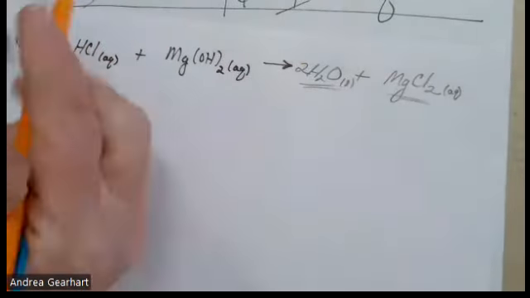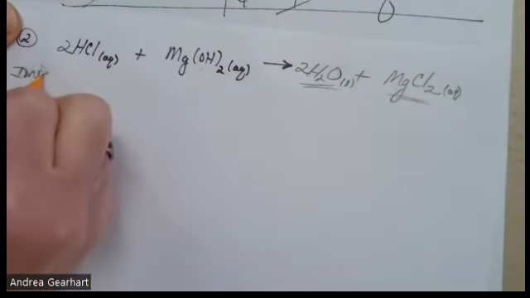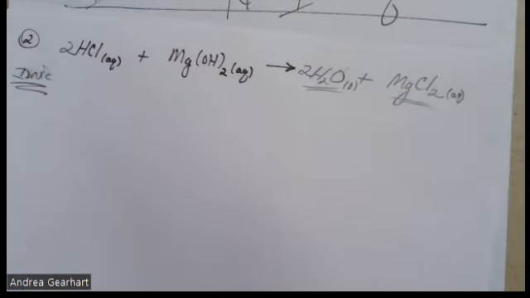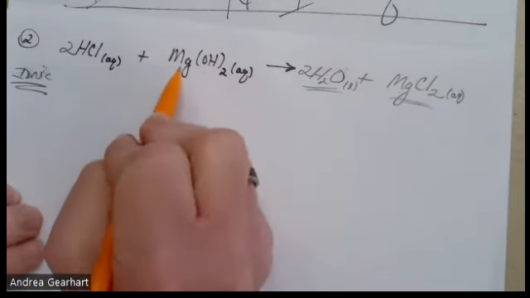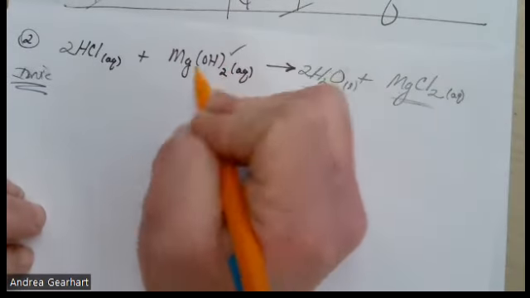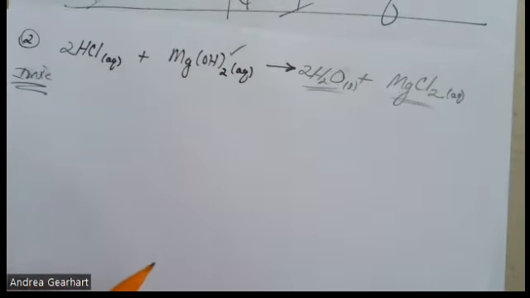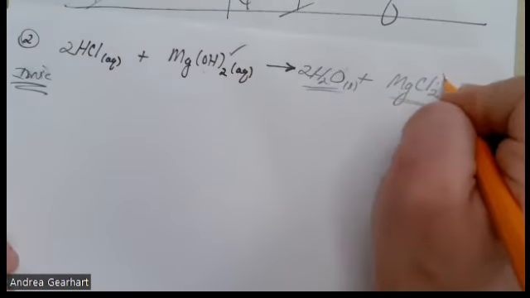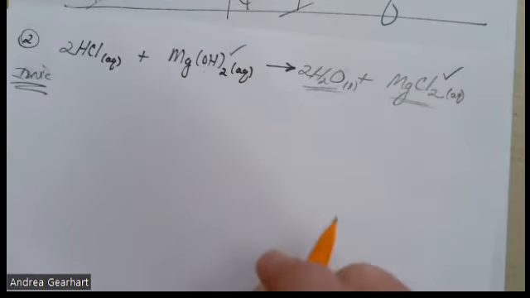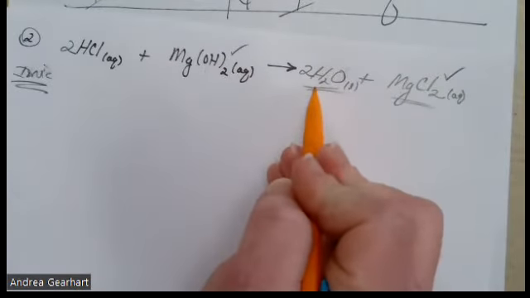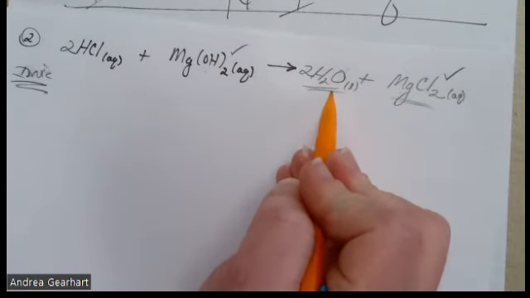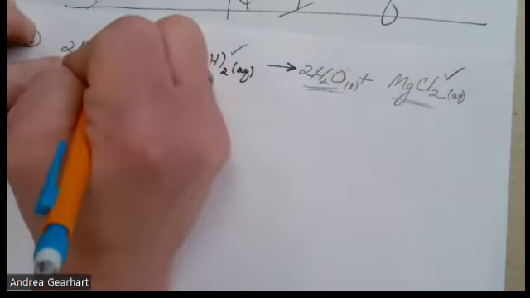Ionic next. All right. So what exists as separate ions? Well, soluble ionic, so this will be dissociated. Soluble ionic, dissociated. Water, no, it's not soluble ionic, and it is not a strong acid. Strong acid.